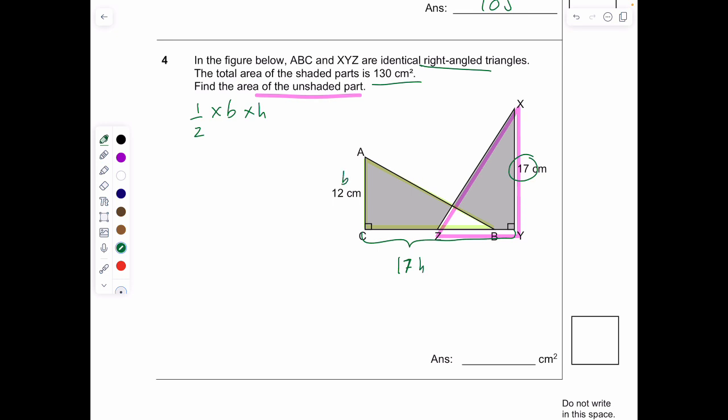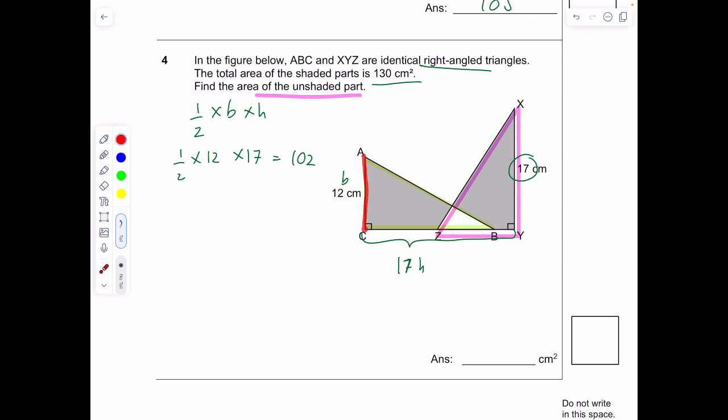To find the area of one triangle, it would be half times 12 times 17, and my answer is 102. Now, they said that the total area is 130. That means it's this part plus this part. Given that they are exactly the same, the area that they overlap should also be the same.